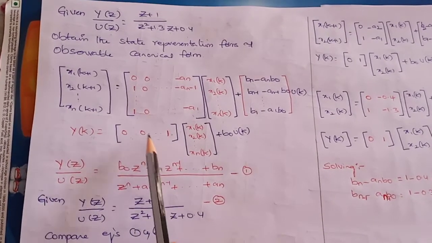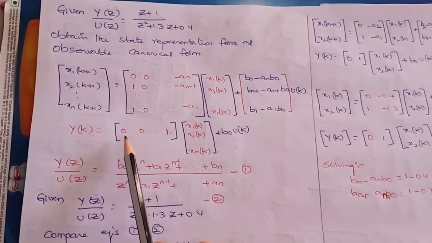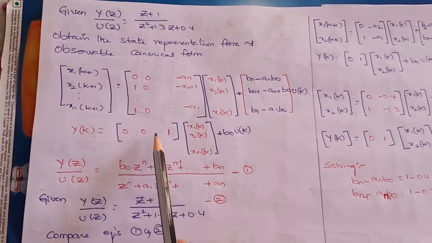If it is a 2 by 2 matrix, you can write the C matrix as 0 1. If it is 3 by 3, simply write 0 0 1.